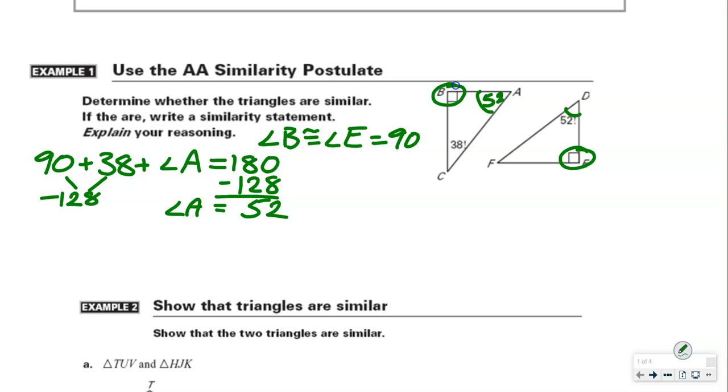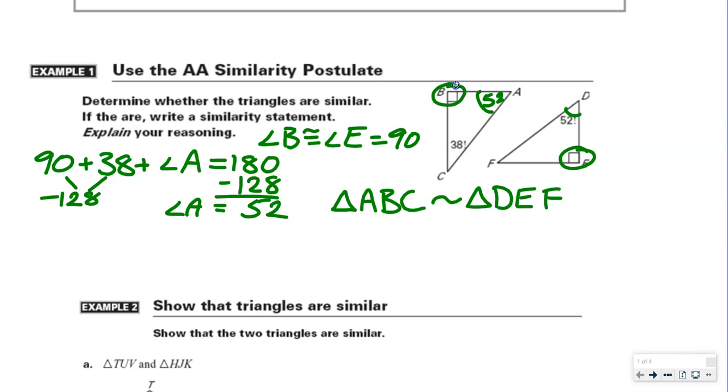Now we need to write a similarity statement. We're able to show that they're congruent, so if I call my first triangle ABC, that would be similar to triangle DEF, where D matches up with A, E matches up with B, and F matches up with C. That would be my similarity statement.